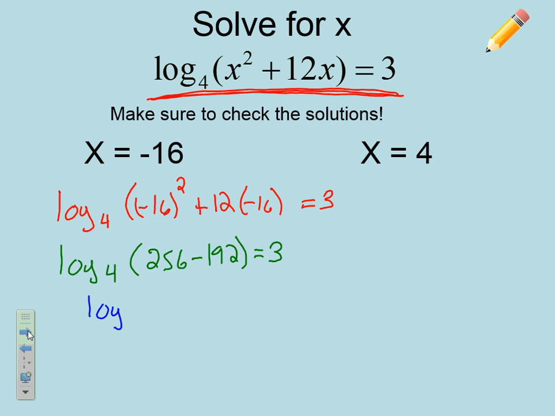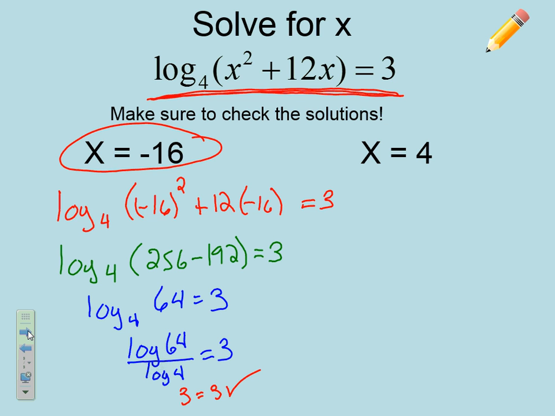Log base 4 of 64 equals 3. Here, I have to do change of base. So I'm going to have log 64 over log 4 equals 3. When I type this into my calculator, I do indeed get 3 equals 3. So negative 16 is a solution.